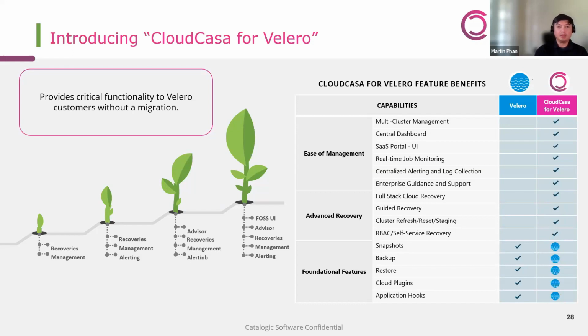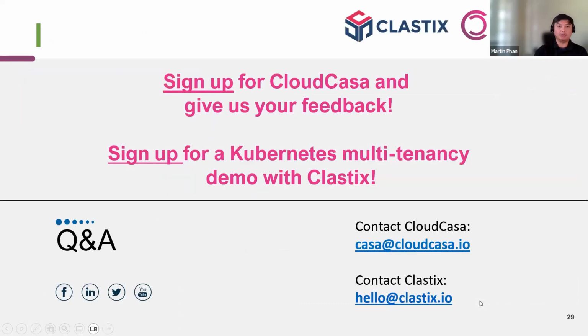But with CloudCasa for Velero, you're going to have those additional features from a multi-cluster management perspective: centralized dashboard, centralized UI, real-time job monitoring, etc., in addition to just traditional backup and restore capabilities when using Velero. You can sign up for a free account at any time.